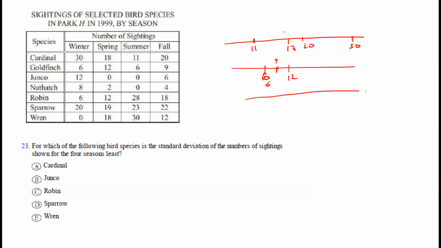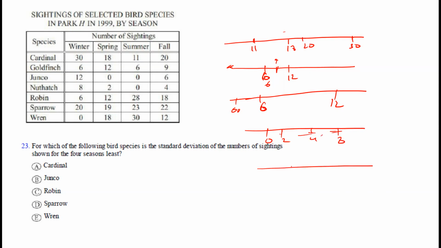For junco, it's 6. Then there's none, 0. And then 12. Again, there's a lot of deviation. So deviation is less over here. So it's 0, 2, 4, and 8. Again, there's some deviation.